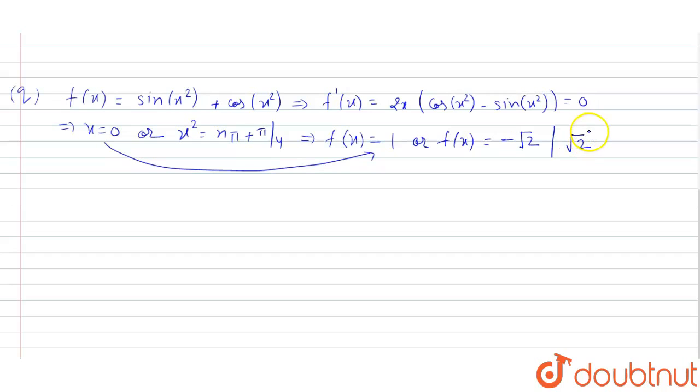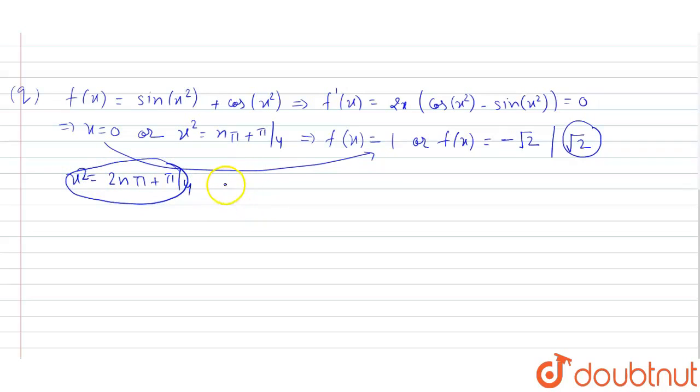Okay, so the maximum value will be √2, and this will be at x equal to 2nπ plus π/4. Now the value of x square should be 2nπ plus π/4.